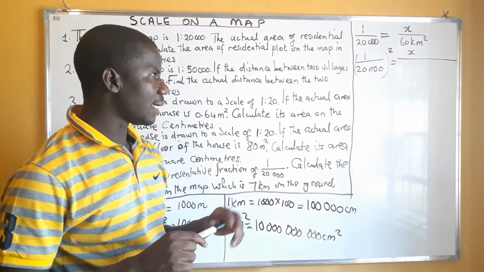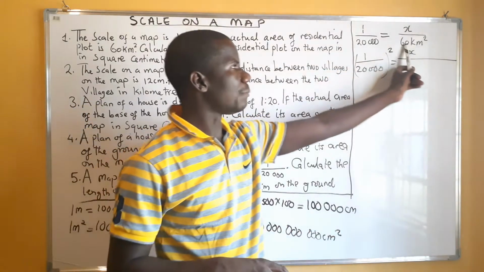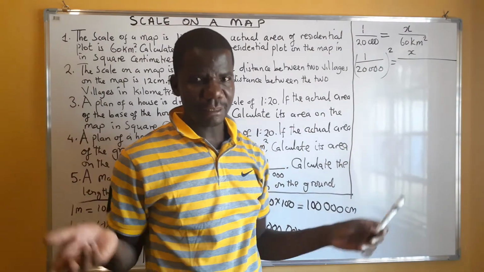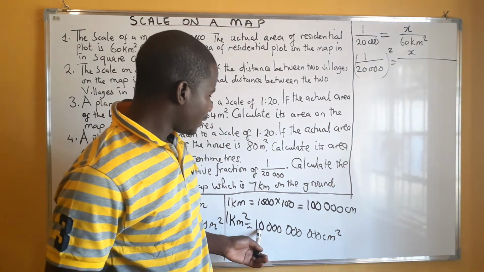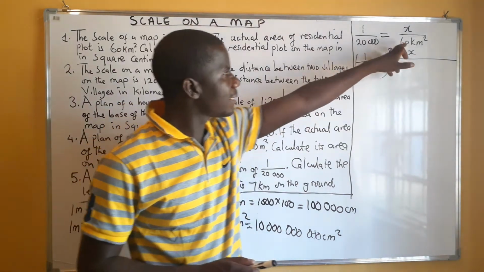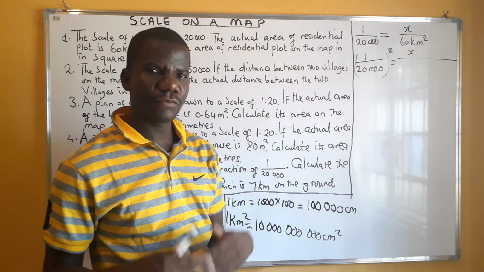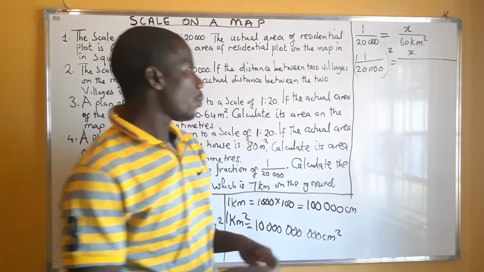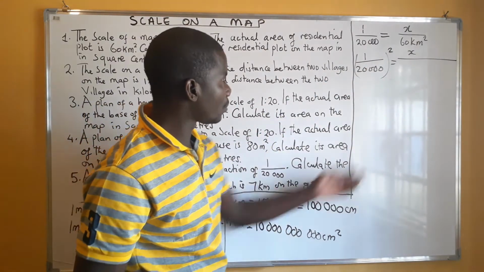So we need to multiply this 10 billion by 6, because here we've got 6 kilometers squared, to convert these kilometers squared into centimeters squared in order to achieve a common unit. When you multiply, we'll just add these zeros to this number.